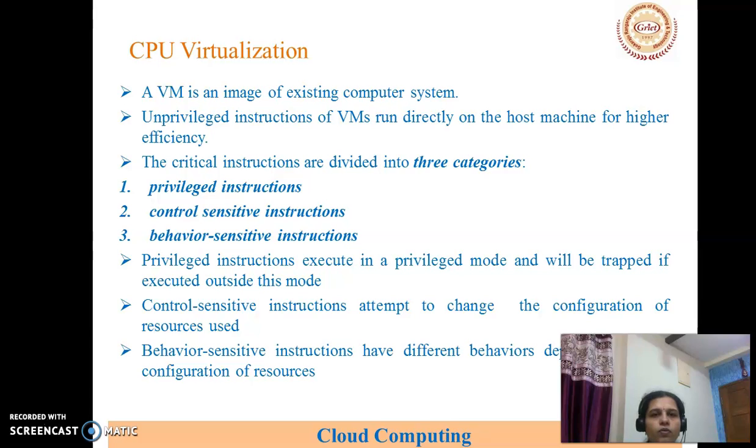Then CPU virtualization. A virtual machine is an image of an existing computer system. Unprivileged instructions of a virtual machine run directly on the host machine for higher efficiency. The critical instructions are divided into three categories in CPU virtualization: privileged, control sensitive instructions, and behavior sensitive instructions.